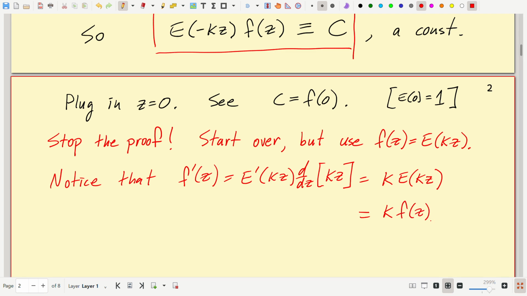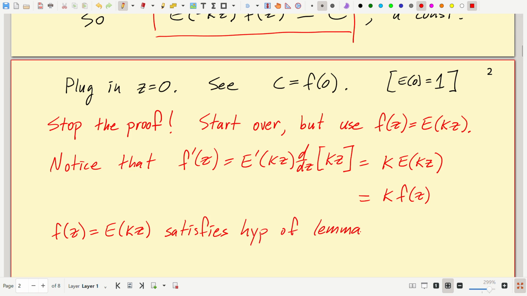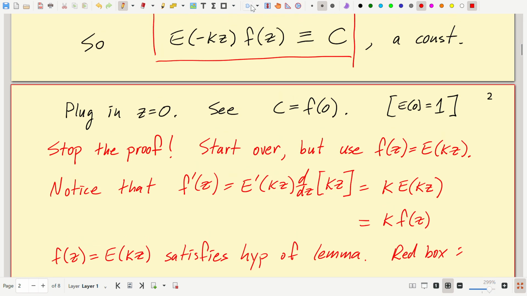So this f satisfies the hypothesis of the lemma. So we could have started over and gotten to that red box. What does the red box say? It says e to the minus kz times f is a constant.